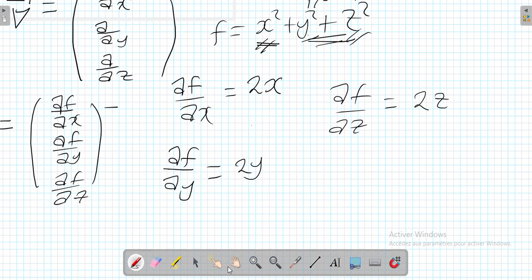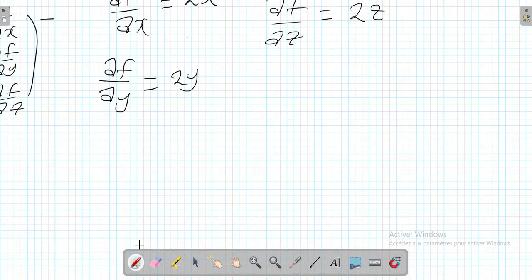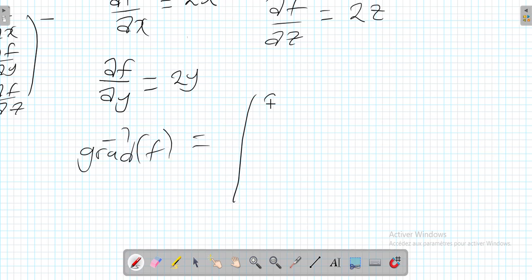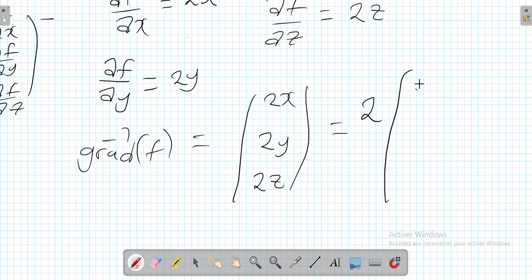Therefore, your gradient of f, given our f, is equal to: the first component gave us 2x, the second component gave us 2y, the other component gave us 2z. Okay, if I want, I can just write x, y, and z.